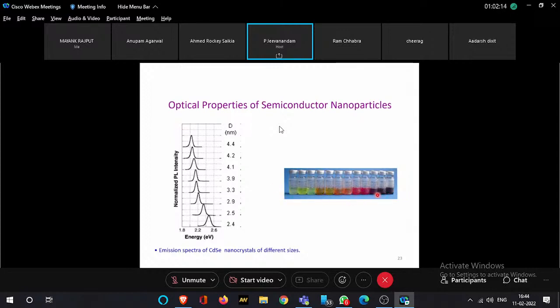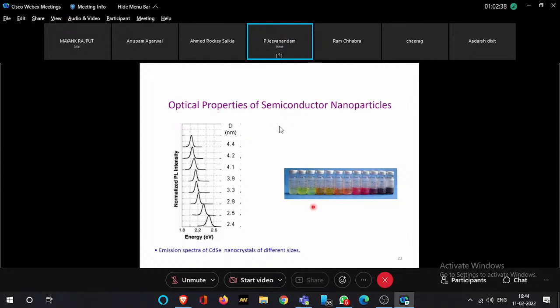Remember, chemically it is cadmium selenide only, yet they are showing different colors. This is a photograph people have taken. Now the question is, this is cadmium selenide. Why is it showing different colors? There is no impurity. Can anybody guess?